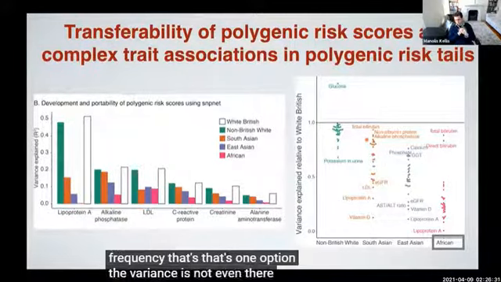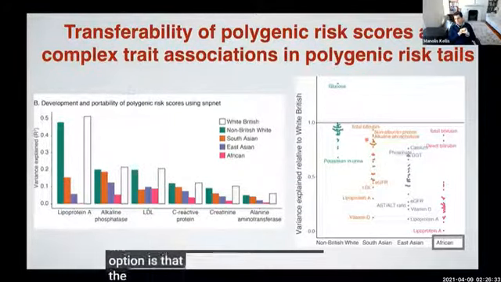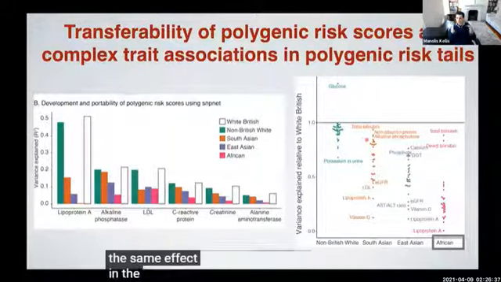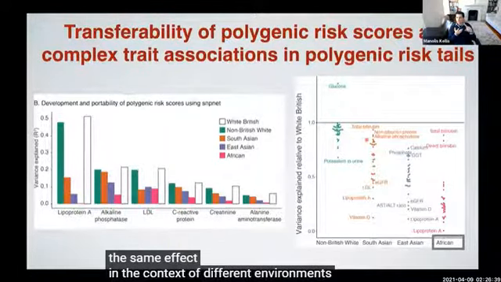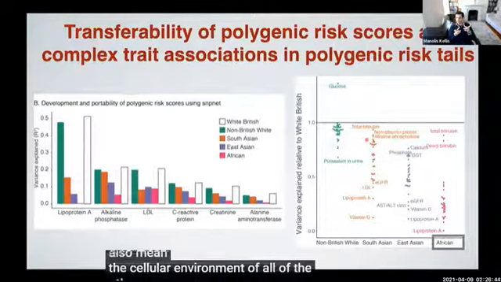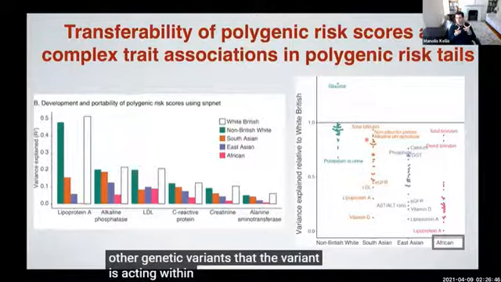That's one option. The variant is not even there. Another option is that the variant is there, but doesn't have the same effect in the context of different environments. And when I'm talking about environments, I also mean the cellular environment of all of the other genetic variants that the variant is acting within.